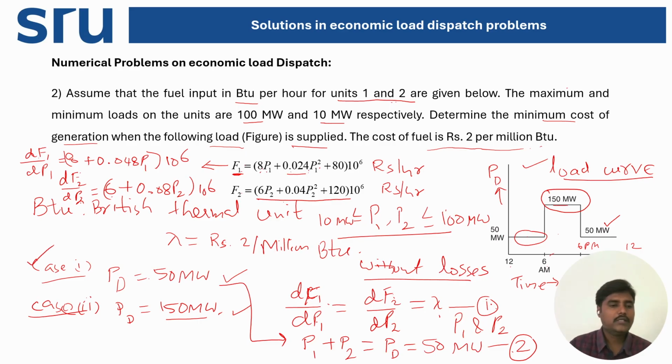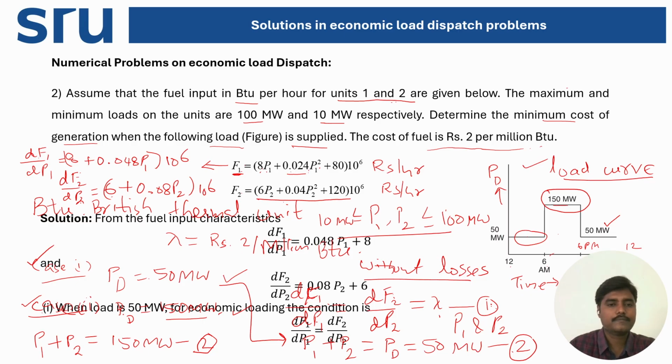After that, in case 2, there won't be any change in equation 1. There will be a change only in equation 2. Now in case 2, equation 2 will become P1 plus P2 is equal to 150 megawatts. This will become equation 2 whenever you are solving case 2. So this is how we can solve this particular problem. Now let me show the solution so that you can observe the similar kind of procedure or steps.